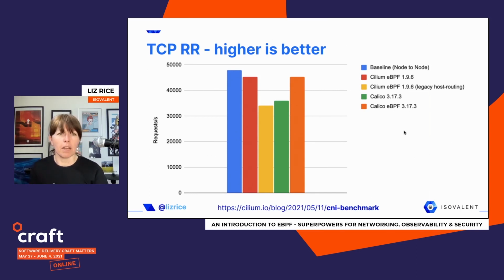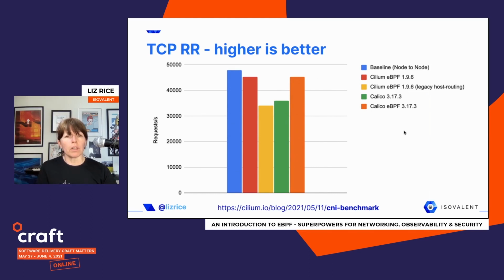So this is an example of a performance graph that we measured. The blue line is just node-to-node networking. So no containers involved, just regular TCP/IP stack on two hosts communicating with each other. And we're looking at the round-trip request response throughput. So the higher the graph, the faster the throughput. The red and orange bars are two different eBPF-based networking solutions.